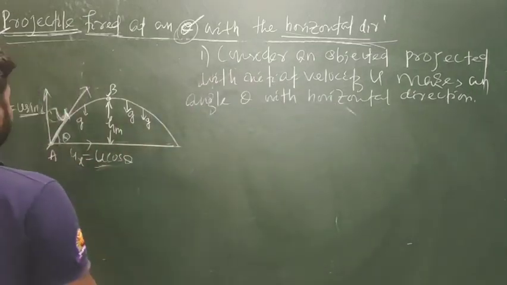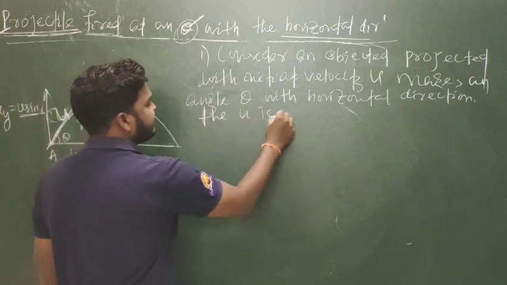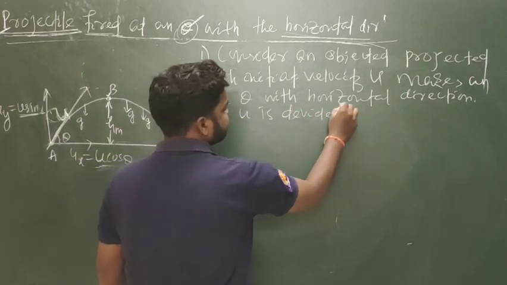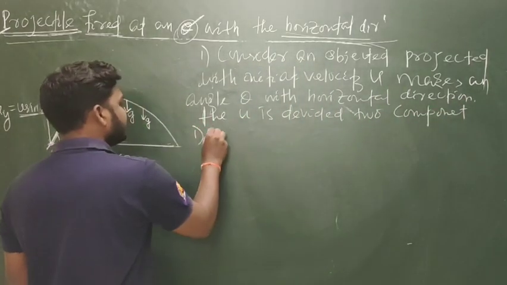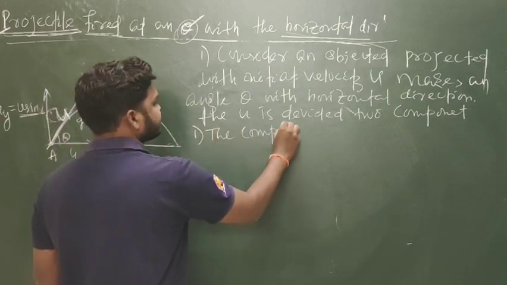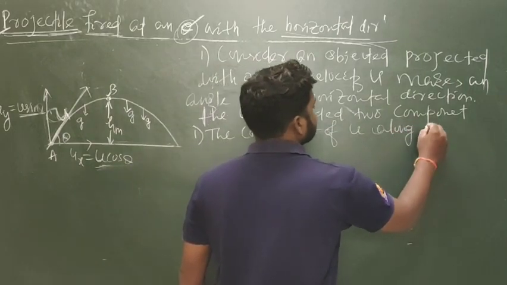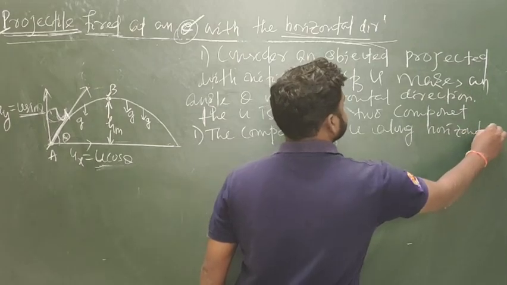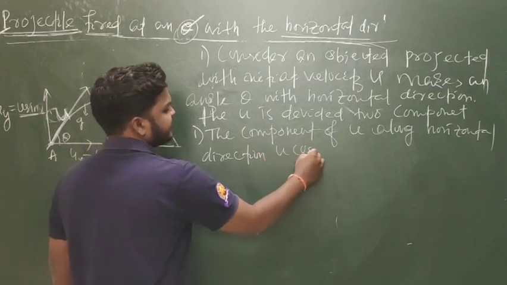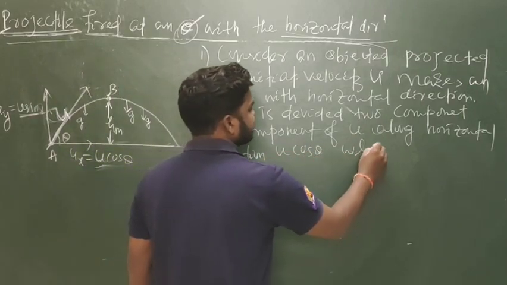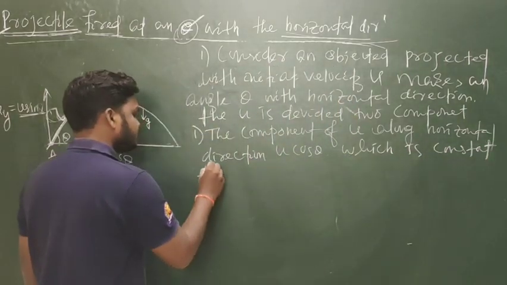So u is divided into two components. First, the component of u along the horizontal direction is u cos theta, which is constant throughout the motion.